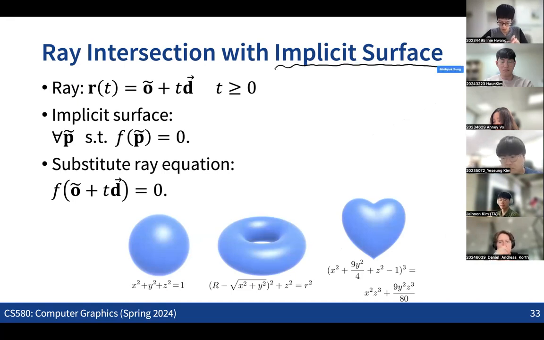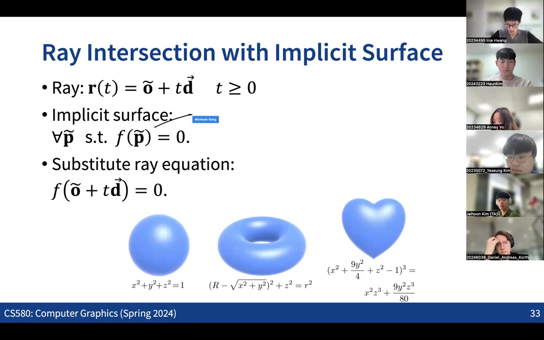We can get into the idea of implicit surfaces later, especially for neural rendering. But in those cases we are representing all these 3D objects in the scene not as a mesh or point cloud, but actually as a function.